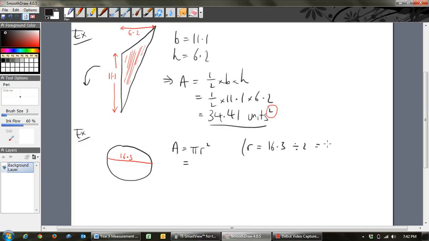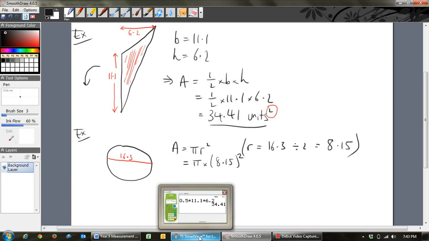Should I do it on my calculator? It would be 8.15. Okay, you can do that in the calculator. There we go. Good. So let's plug that straight into the formula. Pi times 8.15 squared. Put it into your calculator.